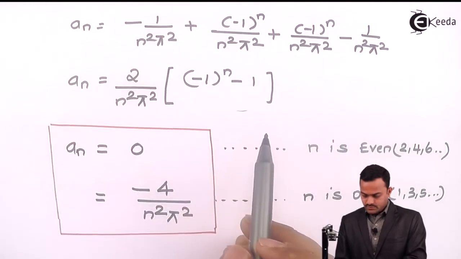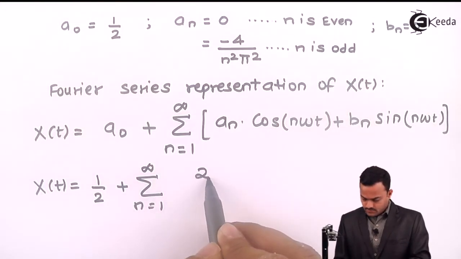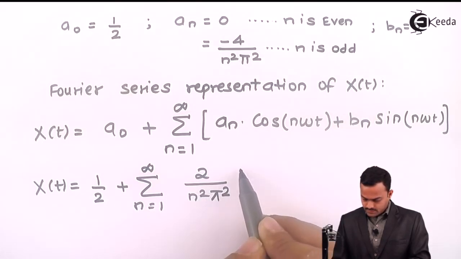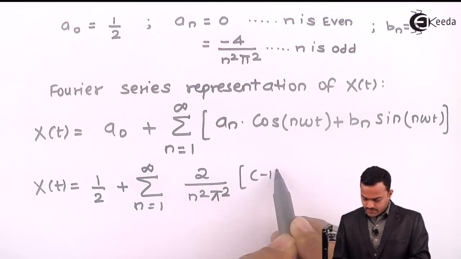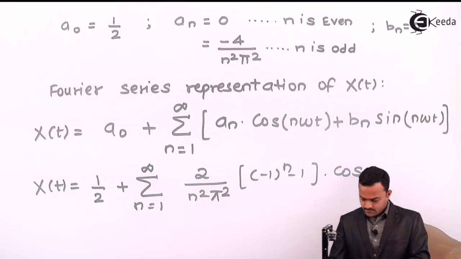So if I substitute, I will get 2 upon n square pi square bracket minus 1 raised to n minus 1 into cos n, omega is pi, so n pi into t.